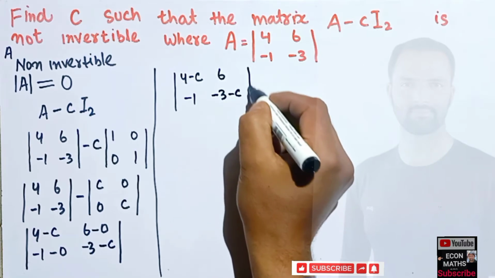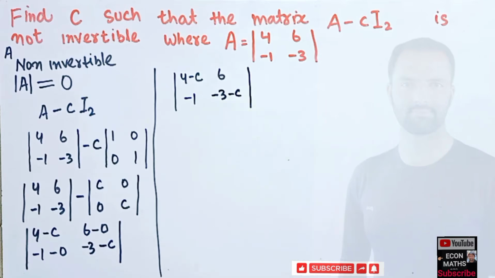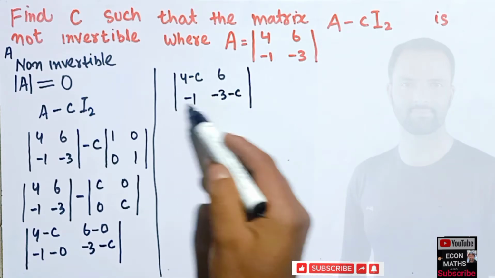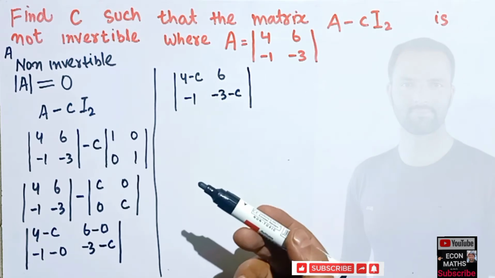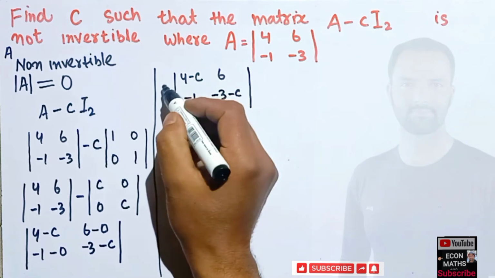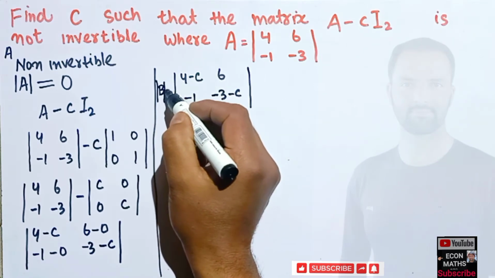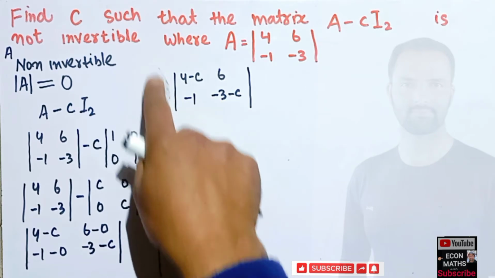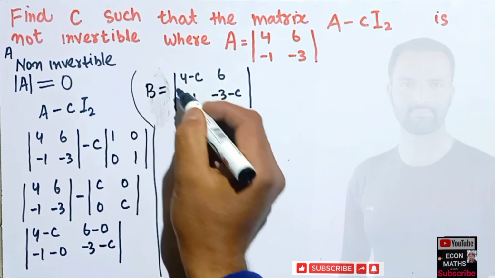Now this matrix is said to be non-invertible if the determinant of this matrix is equal to 0. Let us call this matrix B. So let us say B is equal to this.